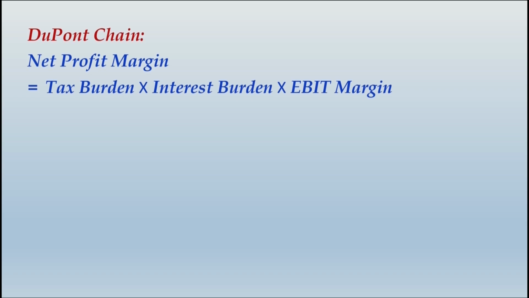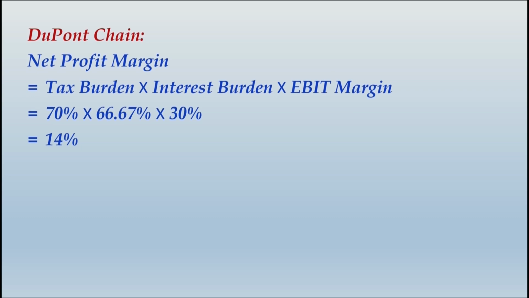So when you multiply these three components, you get the product exactly matching 14%, which was the net profit margin. So please write up this small DuPont chain, not the whole chain but the breakup of the net profit margin, and then I take you ahead.